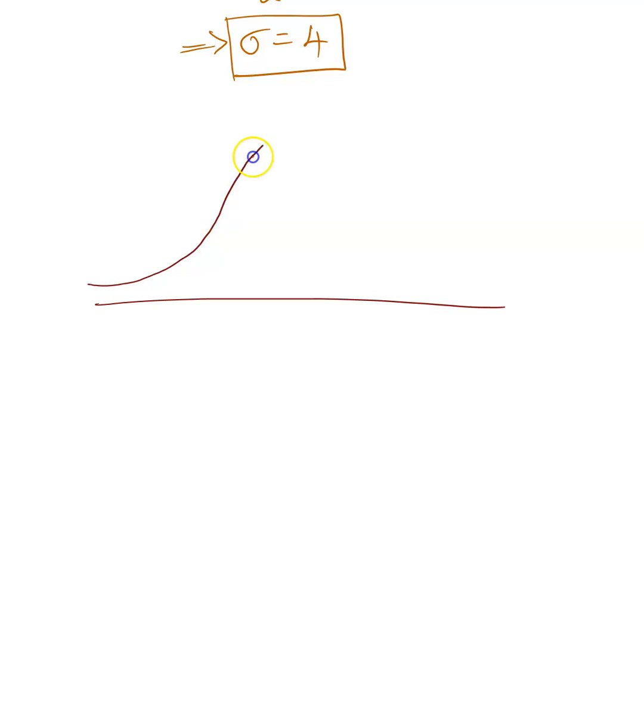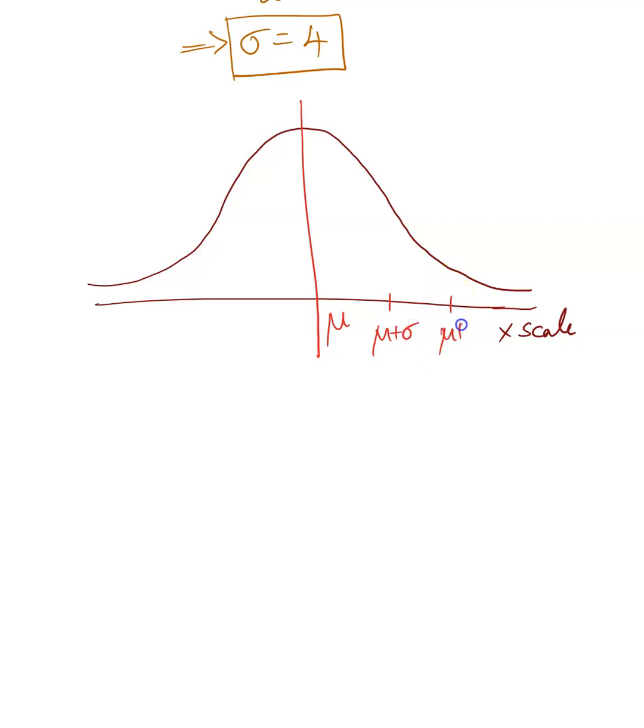So we know that the bell curve on an x scale has mean, mu, and these are the positions: mu plus sigma, 1 standard deviation, mu plus 2 sigma, 2 standard deviations on the right. This is 1 standard deviation on the left, and 2 standard deviations on the left. You can go up to 3 actually, because most of them are covered by the time we reach 3.